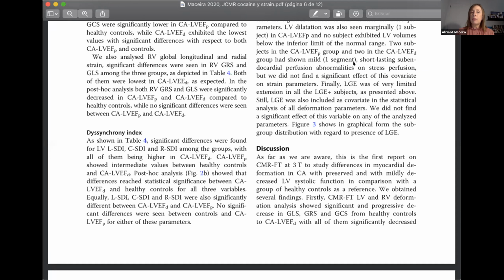I don't really know. We're still studying cocaine subjects, cocaine addicts, and we are doing strain. I don't know in your part of the world, but in Spain where I live, usually cocaine addicts, when they go to rehab, don't even get a proper cardiac assessment, either with echocardiography.